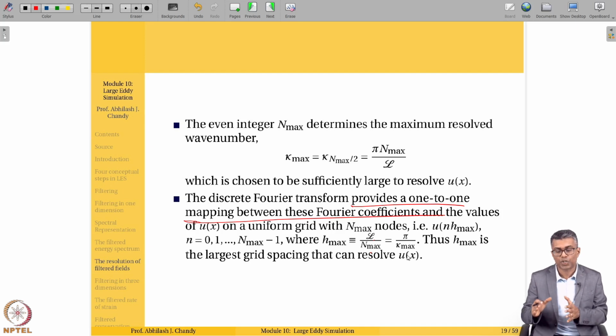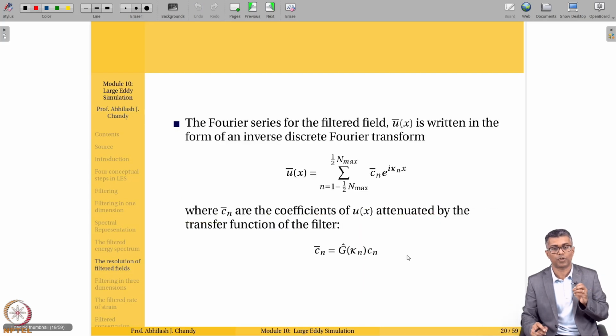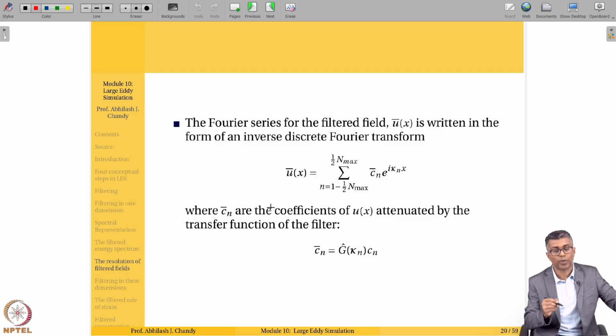Now all of this changes when you apply LES. So the Fourier series of the filtered field is written as an inverse discrete Fourier transform, which is u bar of x. And now you are writing it as a summation again, but your Fourier mode is now a filtered Fourier mode.